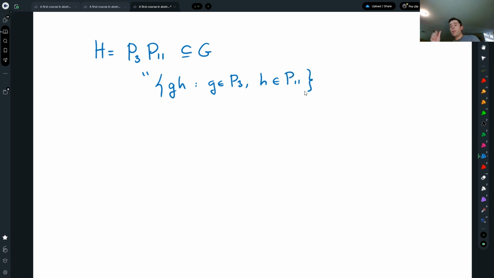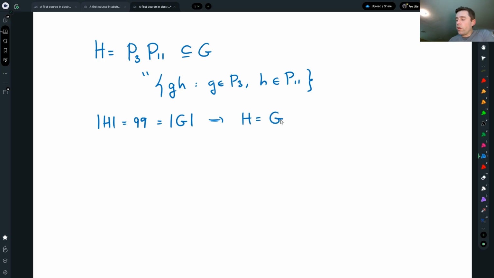That is a subgroup, and this is a subgroup of order 9 times 11. It is of size 99, which is the same as the size of G. So actually what I get is that H is G.